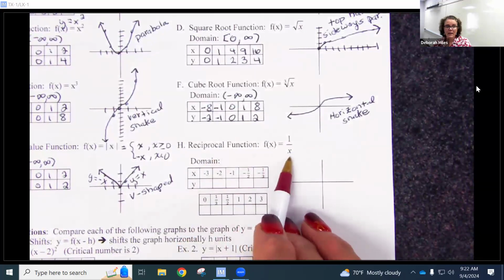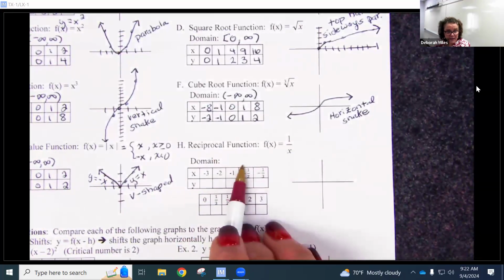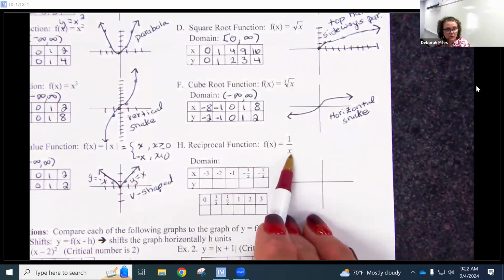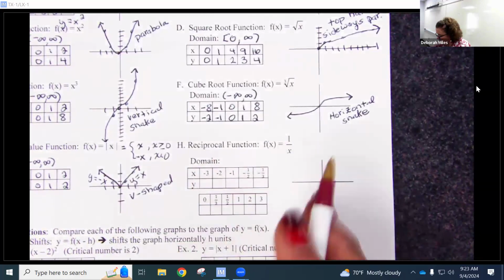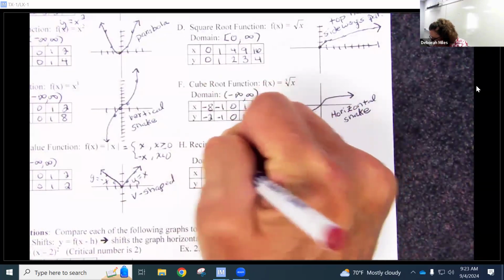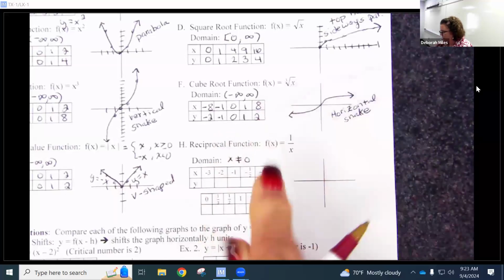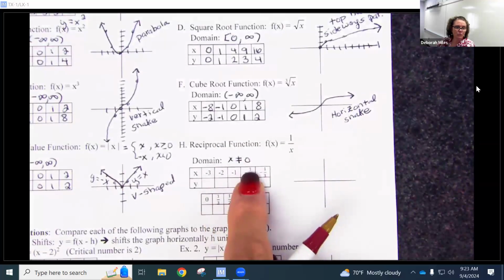We talked about the domain of a fraction is all numbers except what makes the denominator 0. The domain of this function is all values of x except 0, or x not equal to 0.